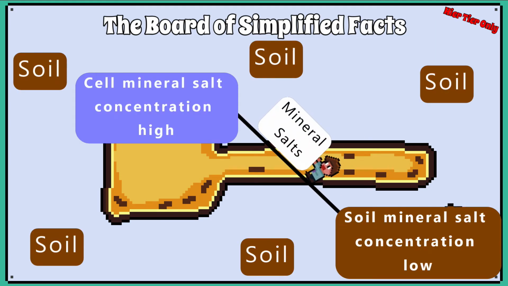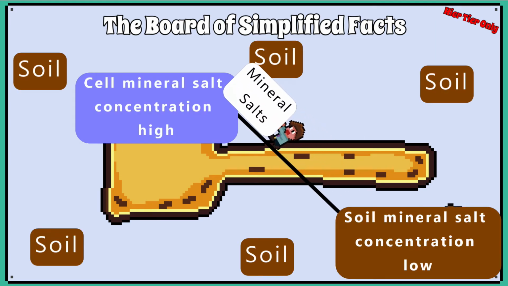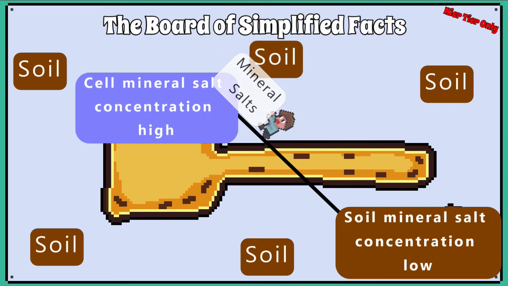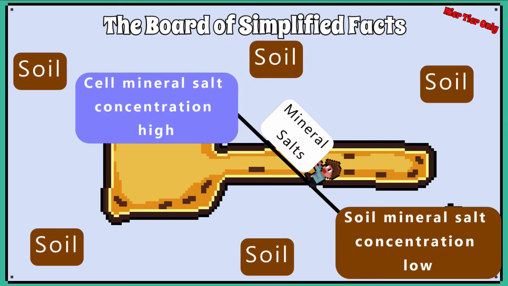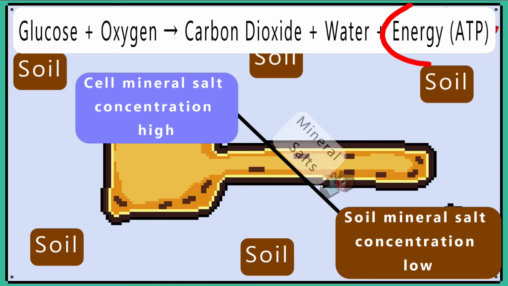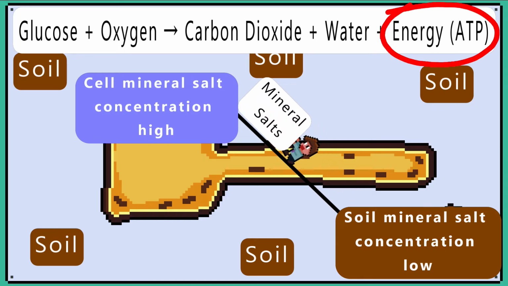Active transport moves mineral salts from the soil, where they are in a region of low concentration, into the root hair cell, where the mineral salts are in a region of high concentration. This requires energy because it is against the concentration gradient. Hence why the root hair cells have lots of mitochondria, which are aerobically respiring to provide the ATP to drive active transport.